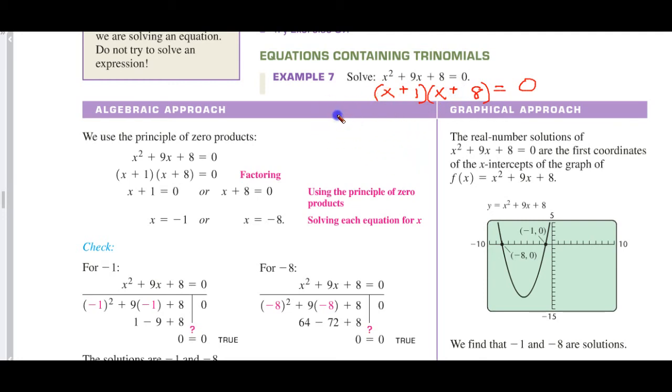And then we just take each factor, equal it to 0, and when it's something like this, they just transpose, and there's our -8, and there's our -1. We have found the zeros, and it checks.